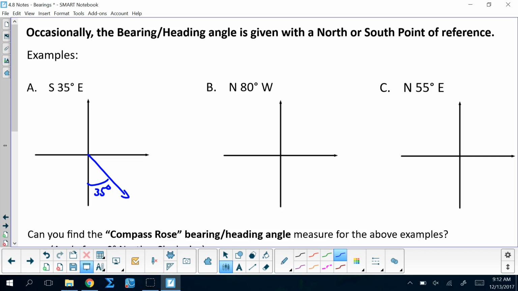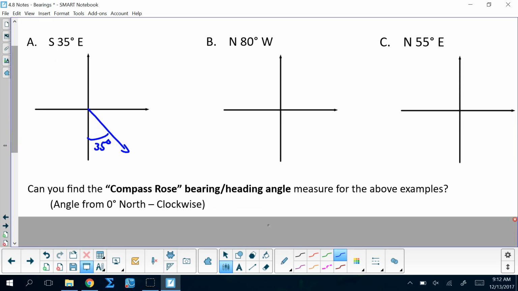In terms of our compass rose bearing and heading, remember, that has north up top with 0 degrees, east out to the right at 90 degrees, south straight down at 180 degrees, and west out to the left at 270 degrees.